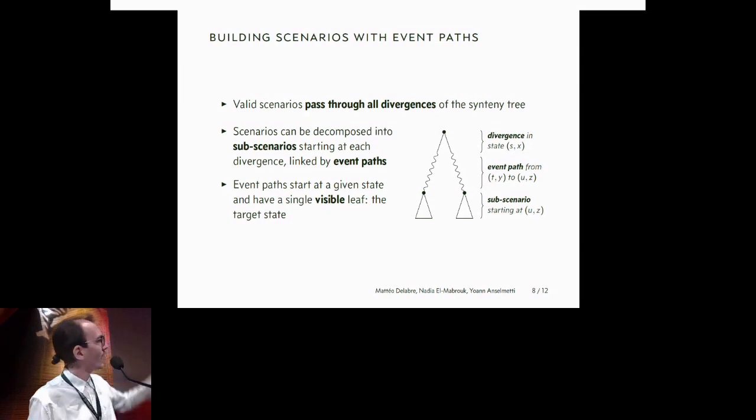So the third item here is just a more formal statement of what we mean by event path. Specifically, we have to start from the SX state and somehow reach the target state, but we don't want to introduce new visible leaves, so as to respect the condition that I mentioned at the start, which is to have matching visible leaves.